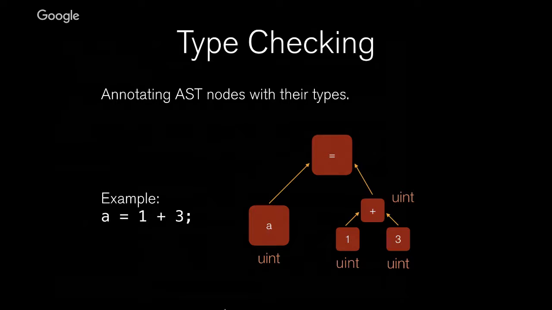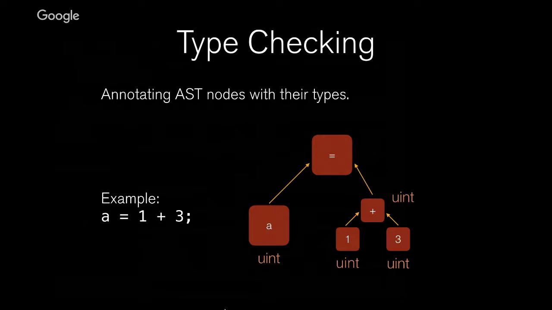So we go through the tree trying to make sure that the types on the right-hand side of the expressions match the types of the left-hand side, or that they can be cast to one another. So that's what type checking does. Sometimes you have to annotate each variable with the declared type.